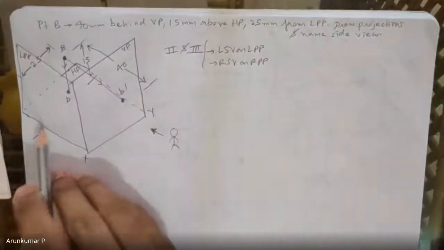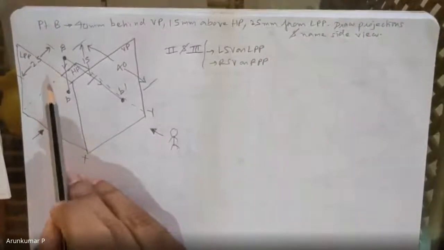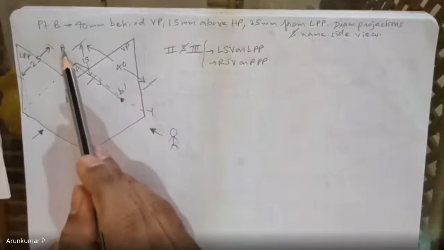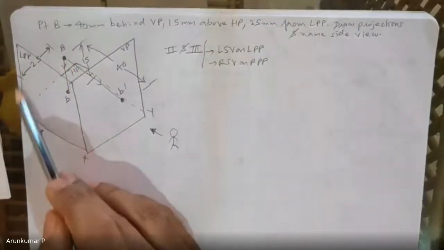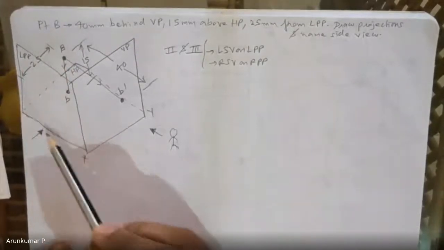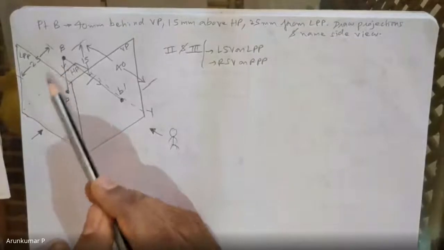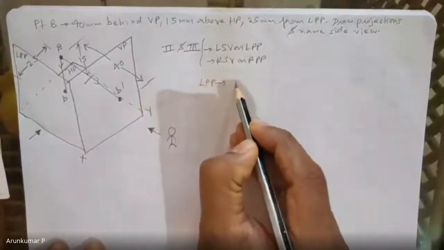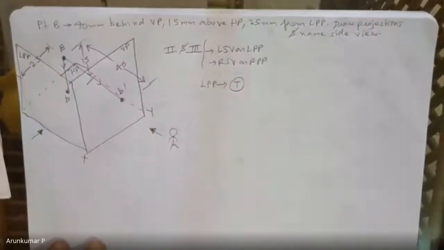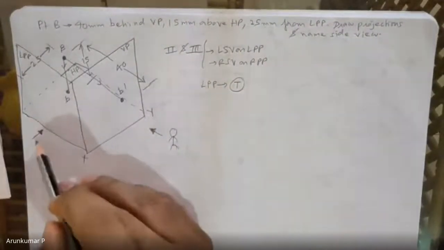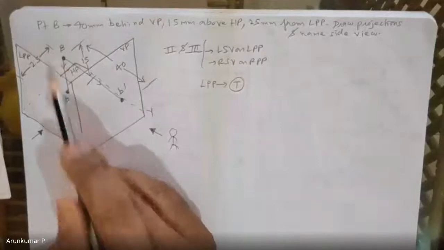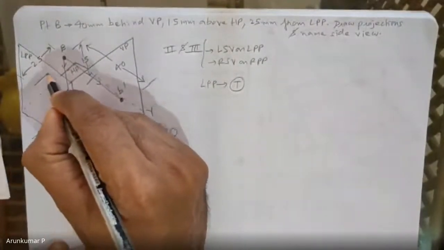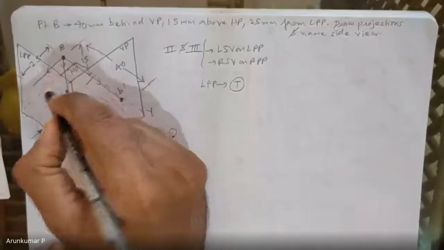So when you look from the left, this plane LPP is in between you and the point B. So you will not be able to see the point B because of the left profile plane coming in between. So you have to make LPP transparent. If you make LPP transparent, you will be able to see the point B, and you will be getting the side view on the left profile plane.